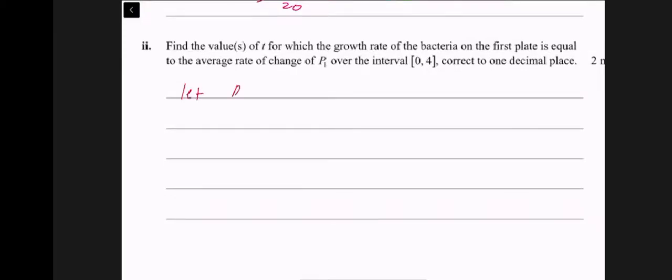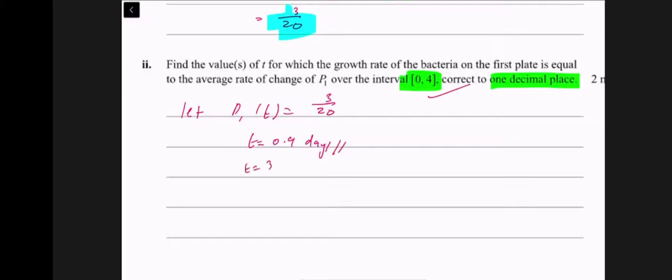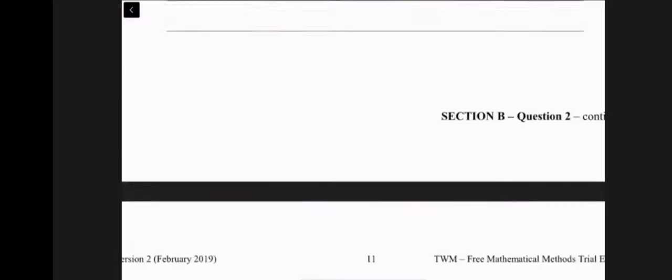So let P1 dash of t equal your answer from the previous question, so 3 on 20, and then just keep in mind the interval when you're putting your carries in. It should make it faster as well as give you the right answers. And then just also keep in mind the decimal places. And if you do that, you should get t is 0.9 days and t is 3.1 days.